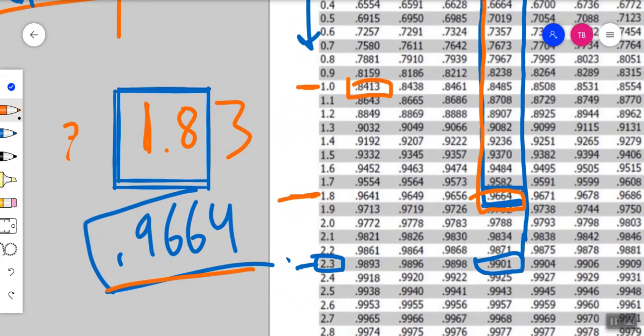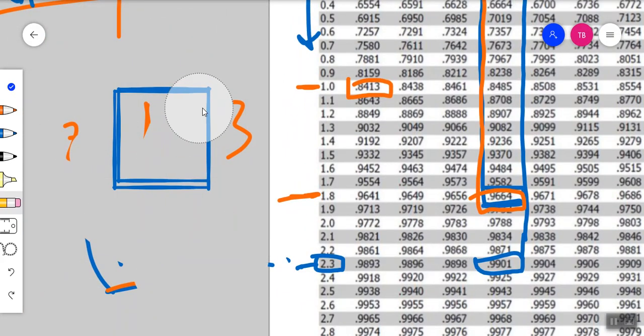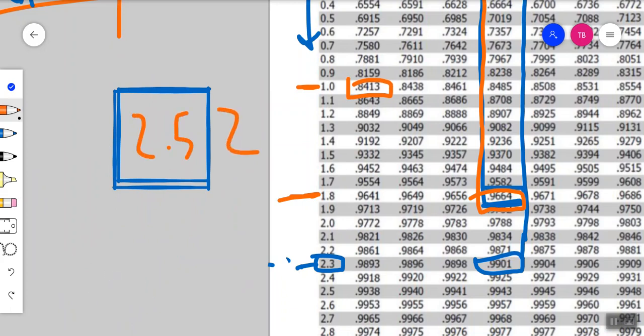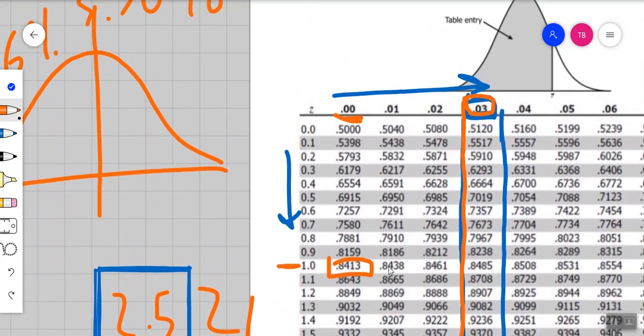So this time we're looking at the z-score of 2.52. We're going to scroll down this way to find our 2.5 and actually find it right here. And then we want to go to 2 on this end.